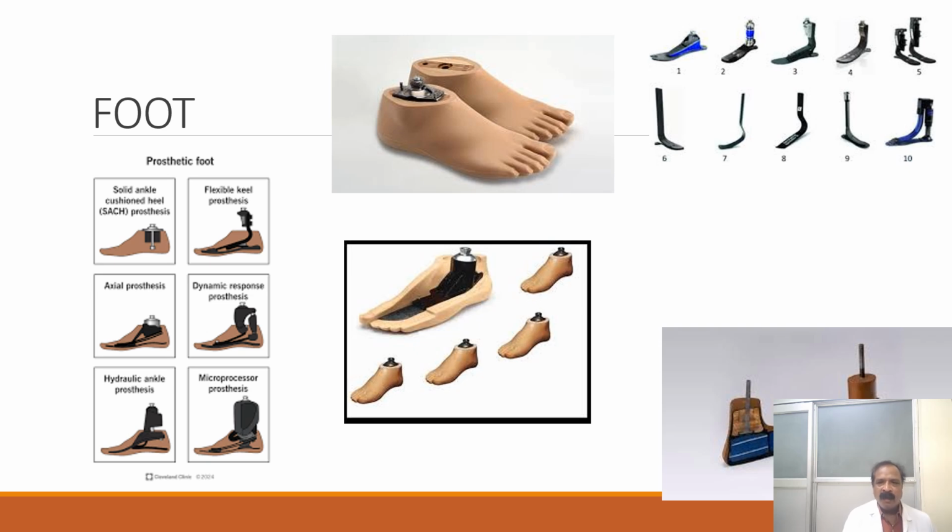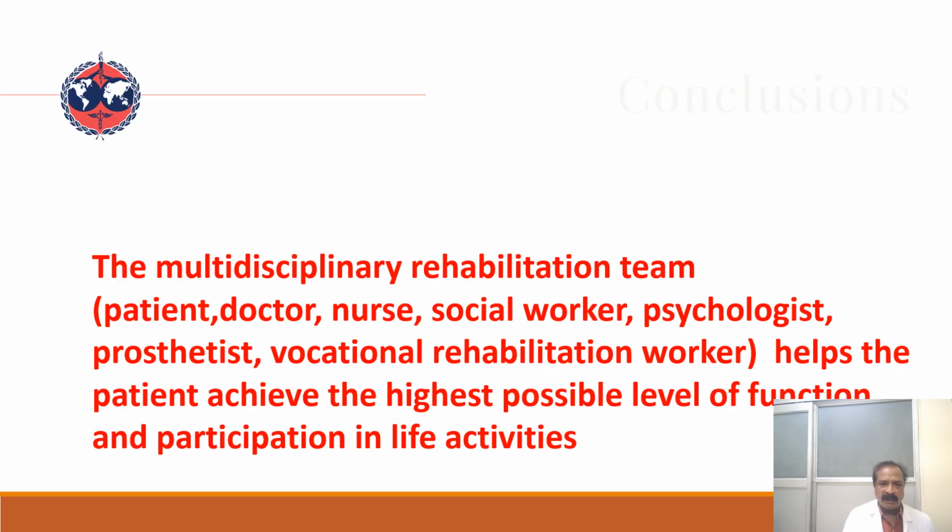So a locally made foot mechanism known as the Jaipur foot, developed in India, is highly successful in maintaining gait mechanics as well as washing, and somebody can use it at home also. So the Jaipur foot is very important for developing countries like India and its neighboring countries.